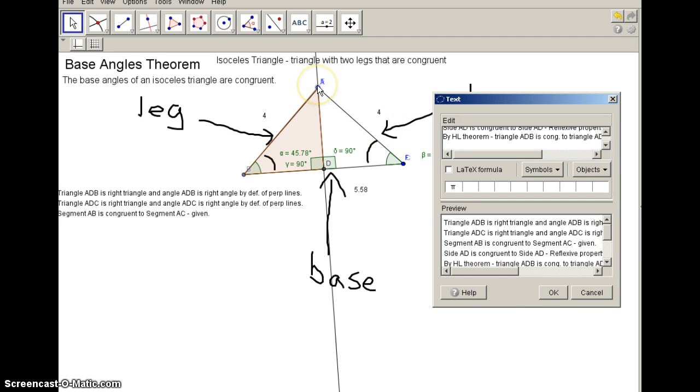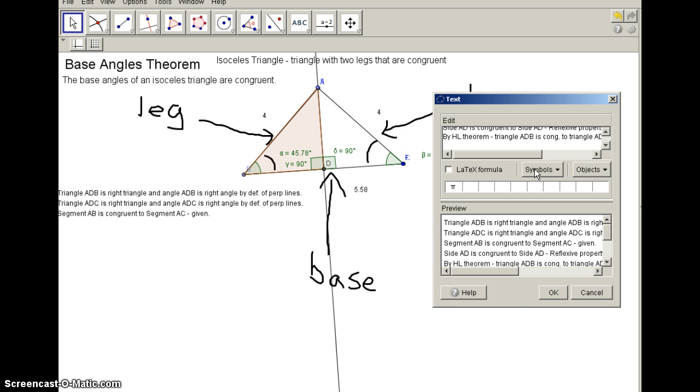Okay? So now that we know that they are congruent to each other, all of their corresponding parts have to be congruent. So that's the evidence right here. If this triangle is congruent to that triangle, then we know that the sides that correspond have to measure the same. And we also know the angles that correspond have to measure the same. So we have this angle measuring the same as that angle, and we have this angle measuring the same as that angle, which we knew anyway. But now it proves that this angle is going to measure the same as that angle.